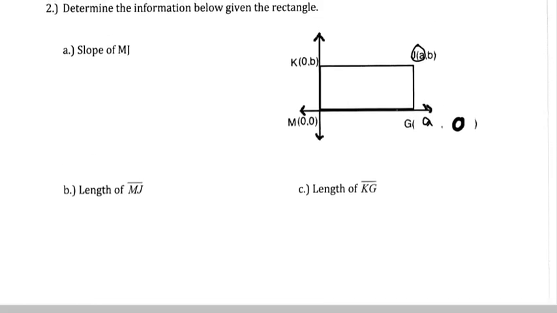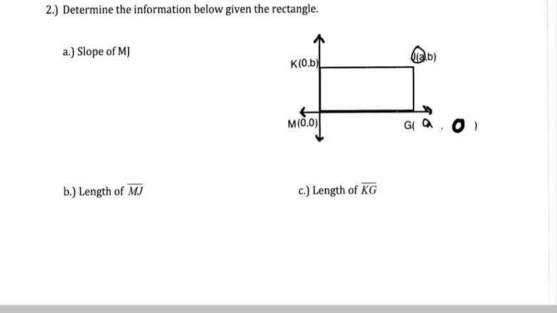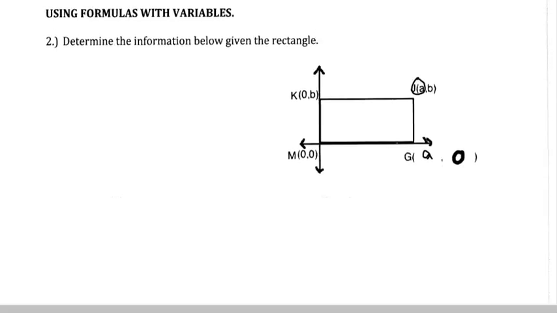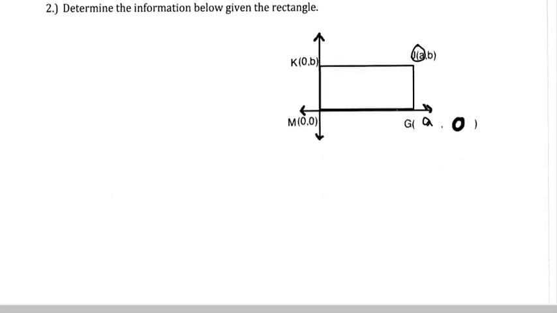Let's say we wanted to show that this length, I'm going to go over and white some stuff out because we're going to do this slightly different. Okay. Now watch this. Let's say we wanted to show that for every rectangle, the diagonals are congruent.